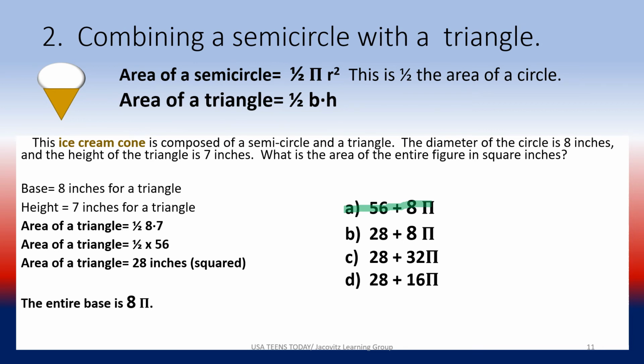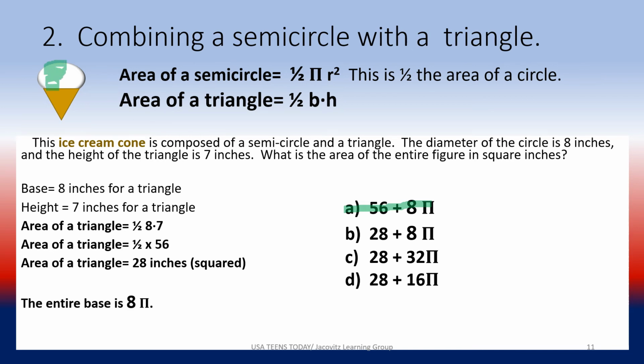Here's the other part of the problem. You have an area of a semicircle is half pi r squared, but remember that your radius is the same as a diameter. So if they gave you this as a base, you already have this as a base of 8.